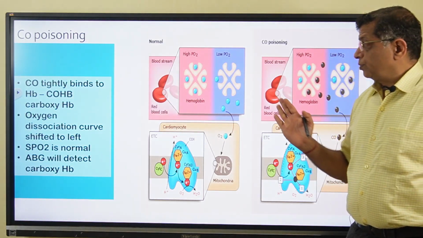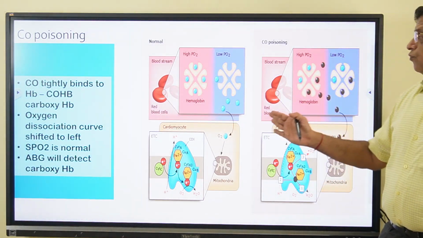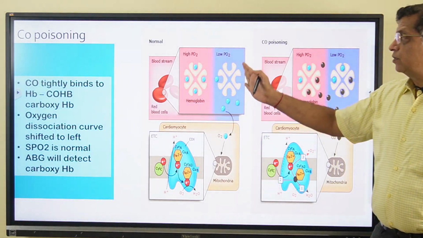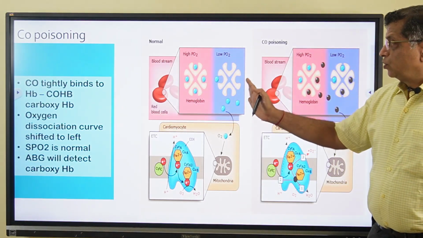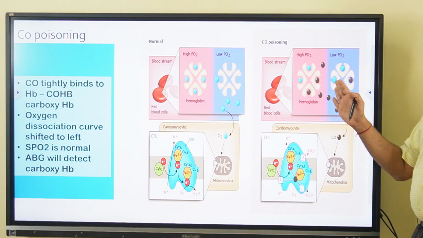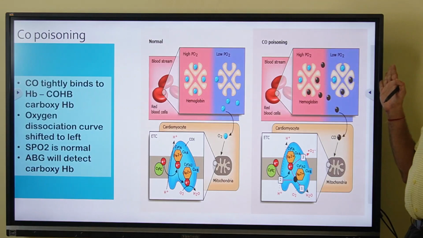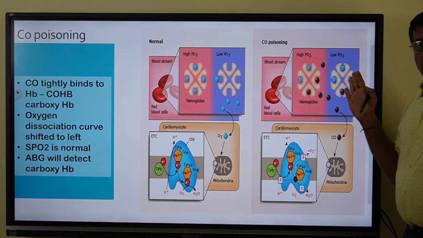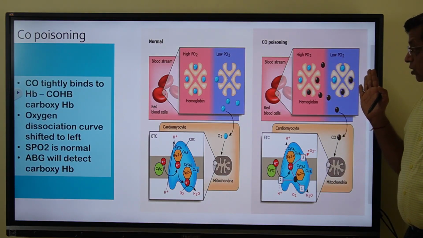And normally, whenever the blood is in the lungs, the oxygen attaches to the hemoglobin, and whenever we go to the tissues, the oxygen detaches. This is as you know from the oxygen dissociation curve.